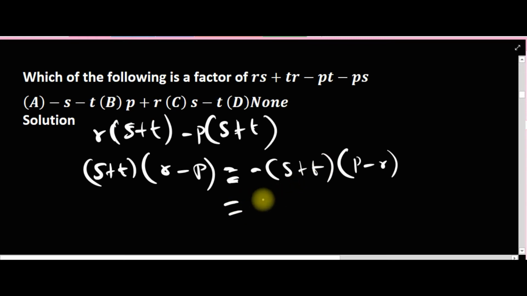No. But we can open this as minus S minus T. So now, I think the answer is A. So don't be fast to choose the answer to be none.